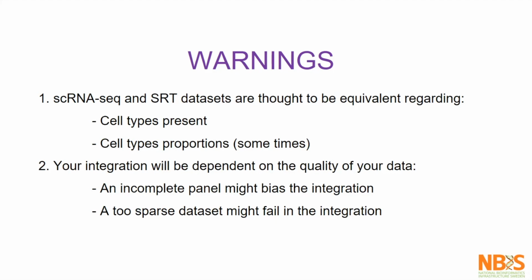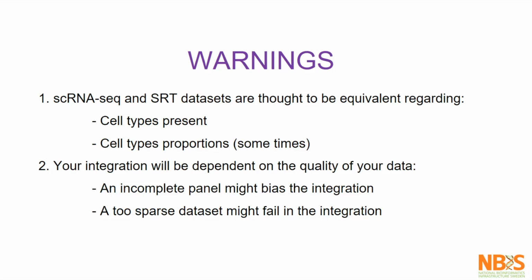First one is that they require that your single-cell RNA-seq dataset and your spatial dataset are comparable, both in terms of cell types present, meaning that, of course, if I don't have a cell type present in my single-cell RNA-seq dataset, I will not be able to detect expression of that pattern in the space. But also some of these methods, and not all of them, also rely on cell type proportions. So they are assuming that the cell type proportions that you have in the single cell dataset are gonna be equivalent in the space.